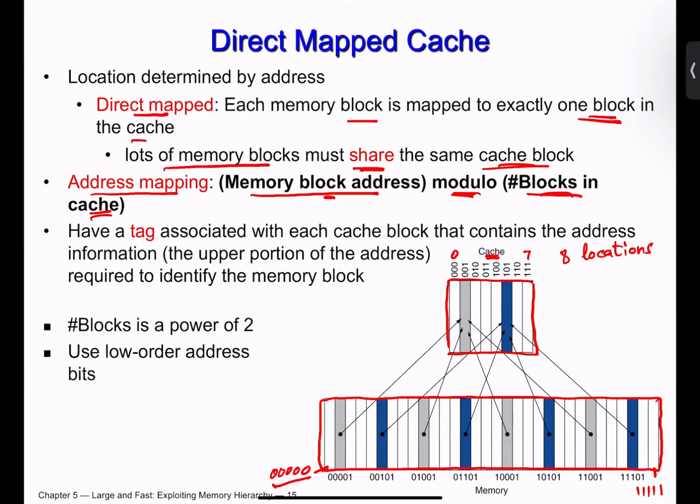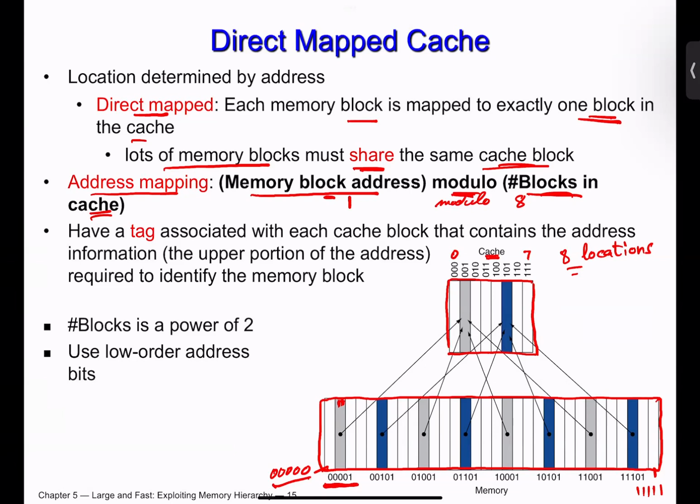Let's apply this rule with the main memory and the cache. You, as the student, have here the gray color with this number, for instance, 00001. So at the very end, your number is 1. So 1 modulo the number of blocks in the cache. We have here 8 locations. So 1 modulo 8. What is 1 modulo 8?